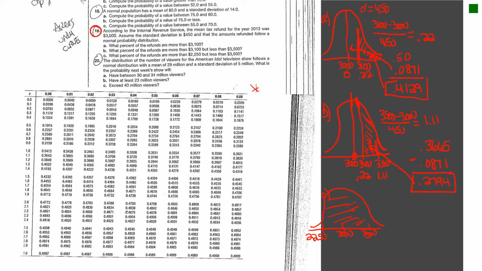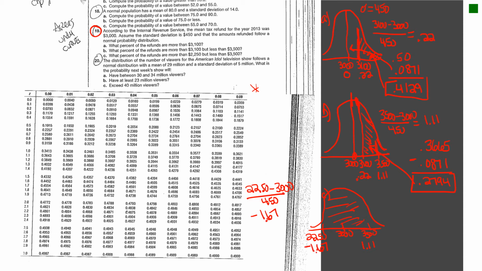So we've got to get the z-scores. We already did it for 3,500. We said it was 1.11. If you did it for 2,250, you take 2,250 minus the 3,000, divide that by 450, and that would give you a negative 1.67 z-value. So I'm going to put that right there.